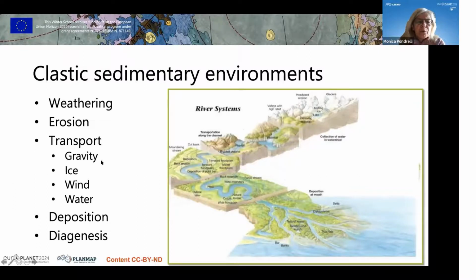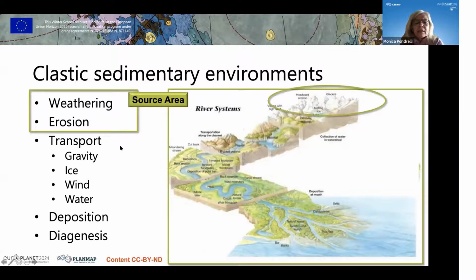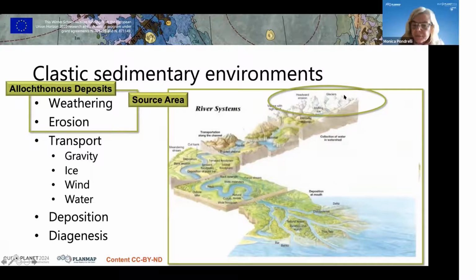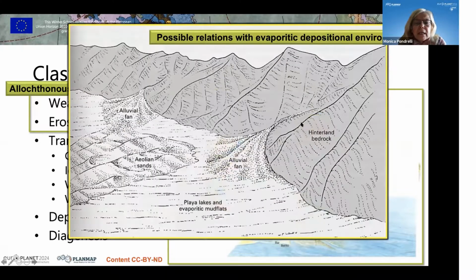These are the ones that form through weathering and erosion from a source area, then by transport, by means of gravity or ice or wind or water, until they reach depositional environments where they are, of course, deposited, and then diagenesis transforms the sediments into sedimentary rocks. These deposits are also called allochthonous because they come from a source area and are deposited somewhere else, in a basin which is different from the source area.